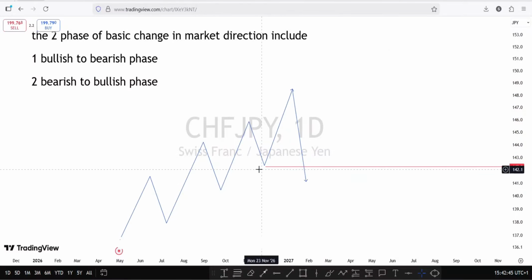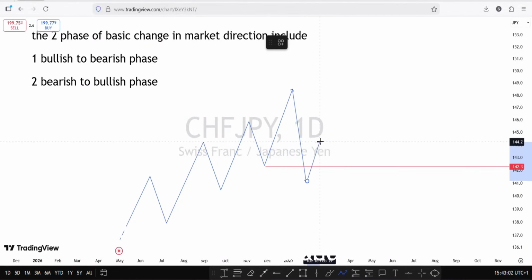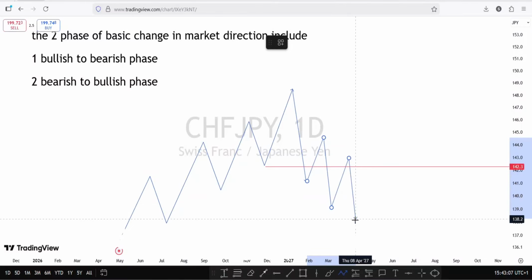This becomes a typical example of a basic shift in market direction. Now price wants to switch from this bullish trend to a bearish trend, and when price does this type of thing, we want to expect price to then continue selling, indicating that the sellers are now in control of the market.